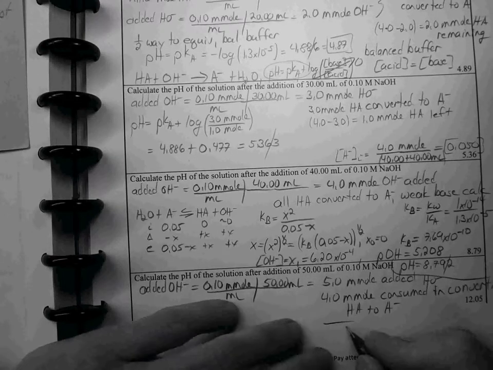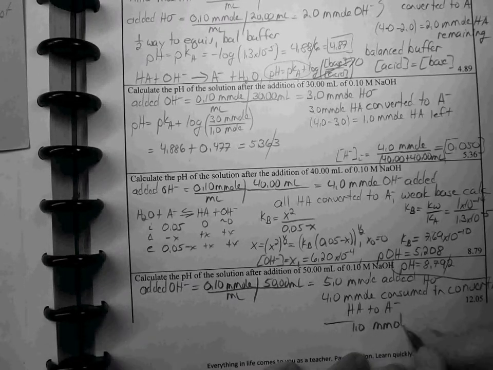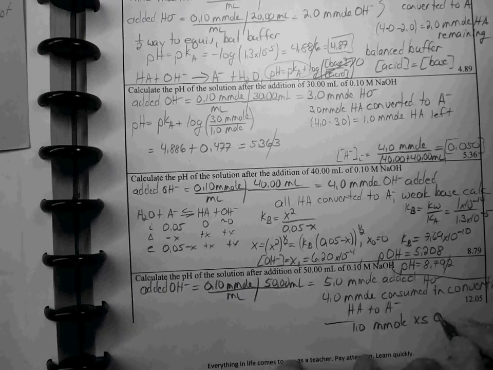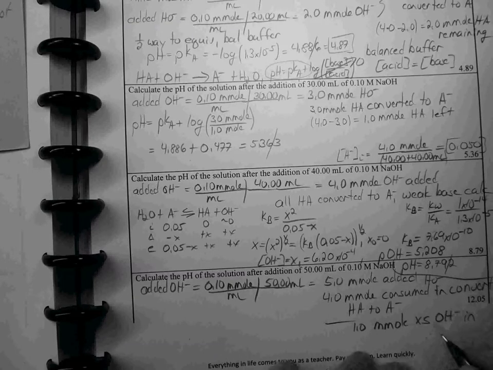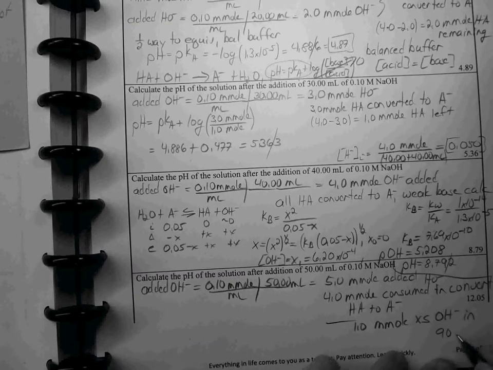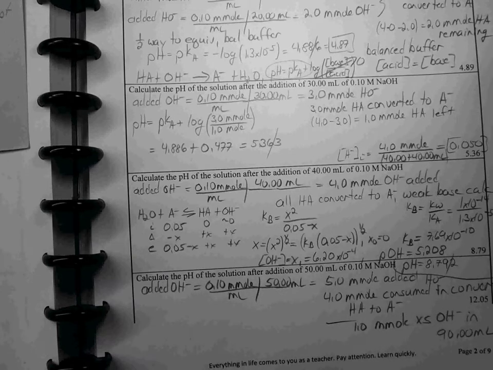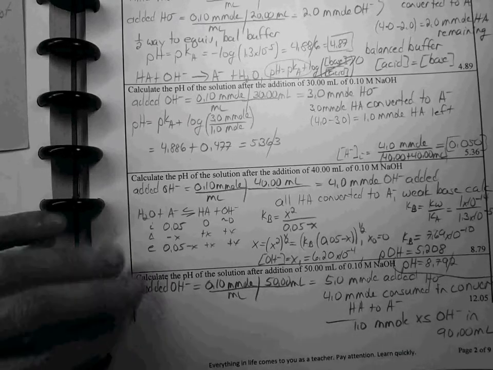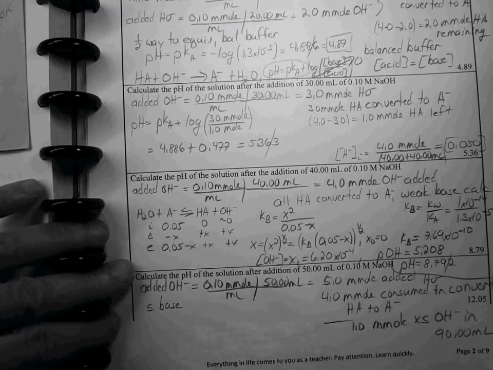So we have 1.0 millimole of excess hydroxide in 90 milliliters, because we have the 40 plus 50. And this is a strong base calculation.